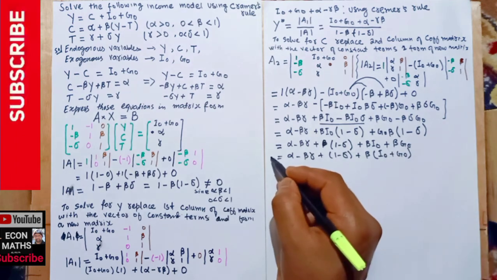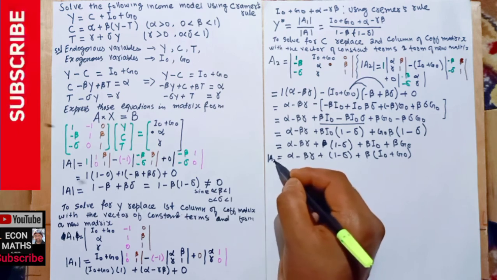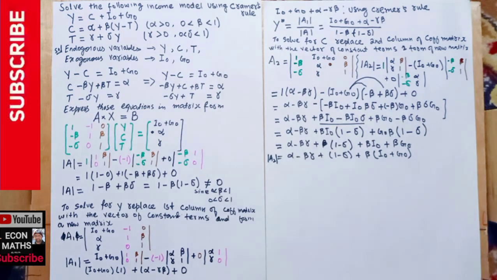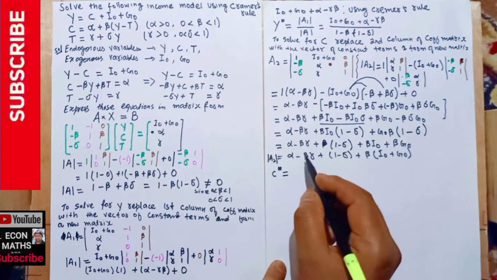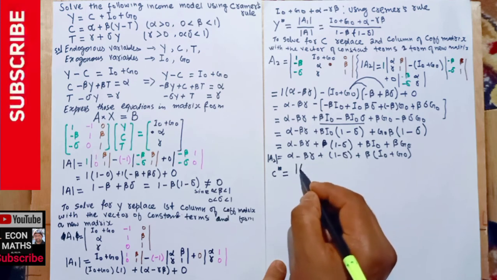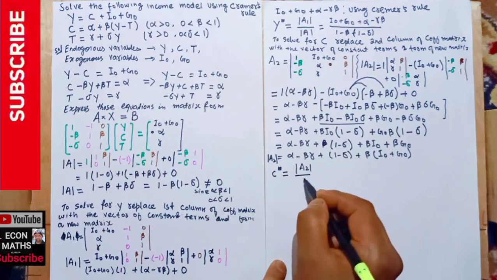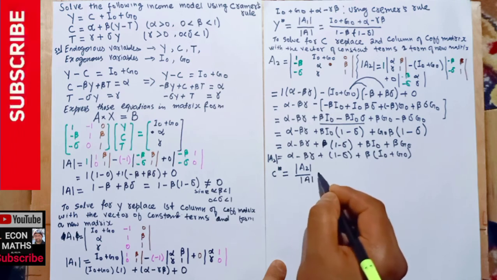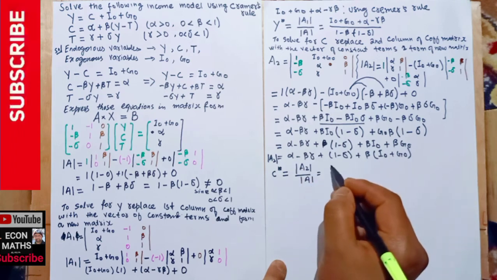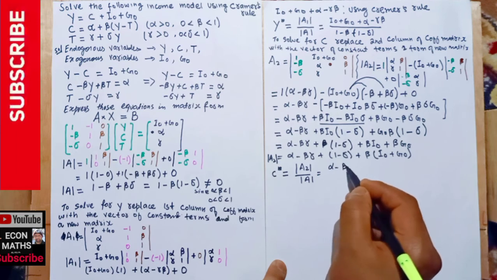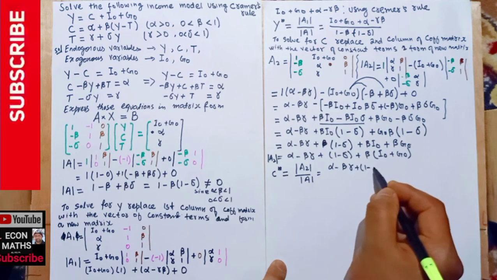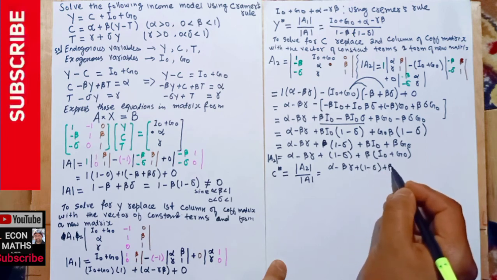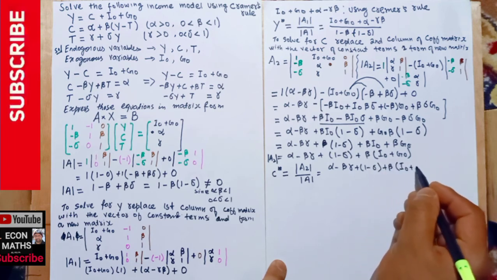So this is our determinant of A2. Now using Cramer's rule here also we get C dash, that is equilibrium consumption, equal to the new determinant which we have calculated, A2, divided by the original determinant, that is A. Now our new determinant is alpha minus beta gamma plus 1 minus delta plus beta I0 plus G0.